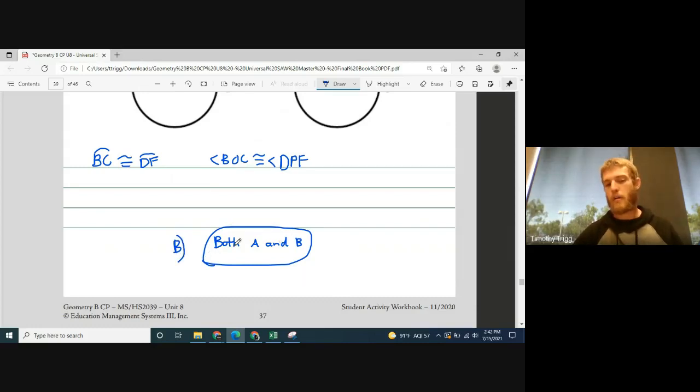That's not how it should be, but this is the correct answer. I don't remember what letter it is, but the one that says both A and B is going to be the correct answer. I'm just going to give that one to you because that one is clearly a mistake, and I don't think they fixed it.